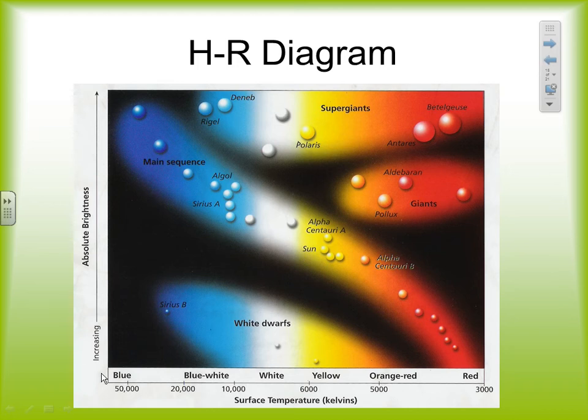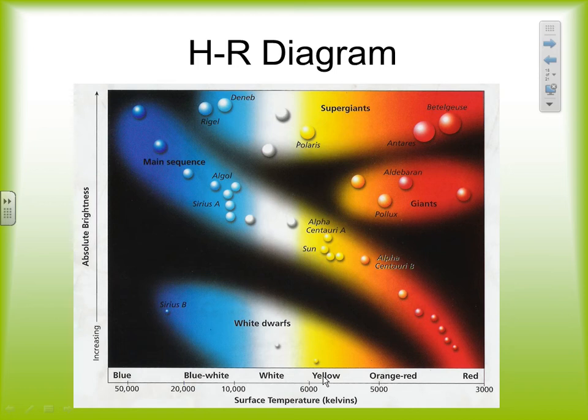Notice, 50,000 kelvins here on the left, 3,000 kelvins here on the right. Last time I checked, that's not the way we counted. But every HR diagram that I've seen in the book always runs this way. I don't know why they decided to do it.